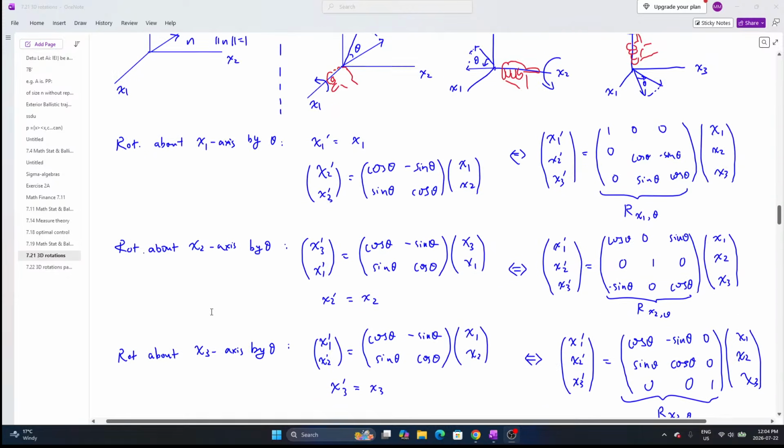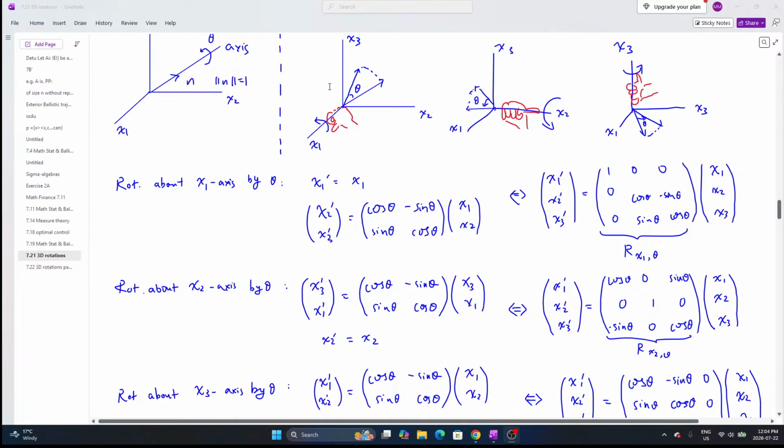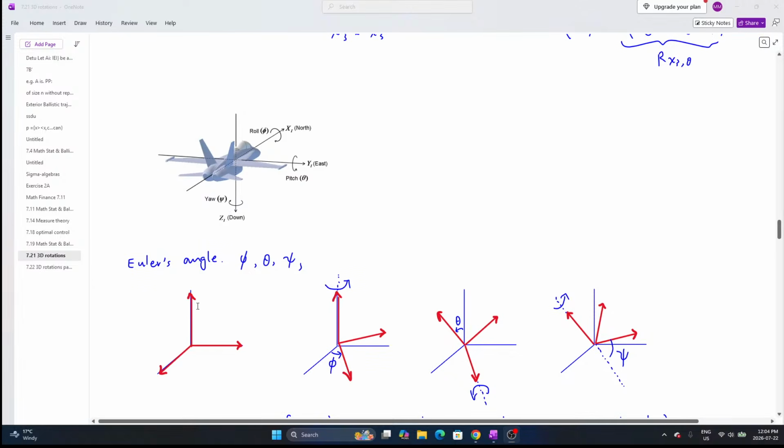Remember, we gave the rotation matrices for rotation about each coordinate axis, x1, x2, x3. And here we have the graphical description of the Euler angles. With Euler angles, you have three angles, phi, theta, and psi.